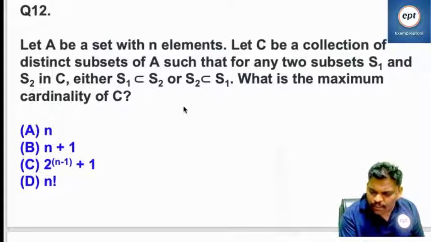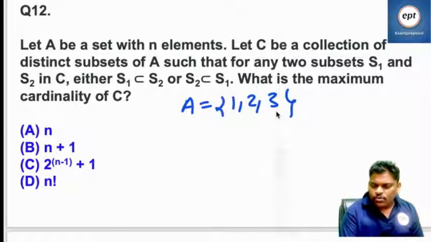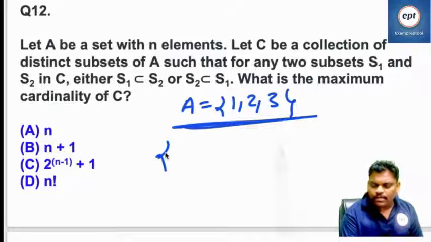Suppose I take A as {1, 2, 3}. A has so many subsets. Let's try a few subsets here.